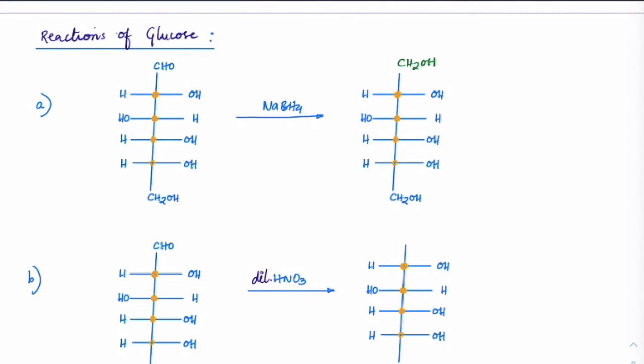So this compound is called glucitol. Glucitol, so glu is used because it is derived from glucose. Understood? Okay. Suppose it is coming from mannose, then what would it be? Mannitol. If it is coming from galactose, galactitol. If it is coming from any other sugar, you know what to use. So this would be glucitol.